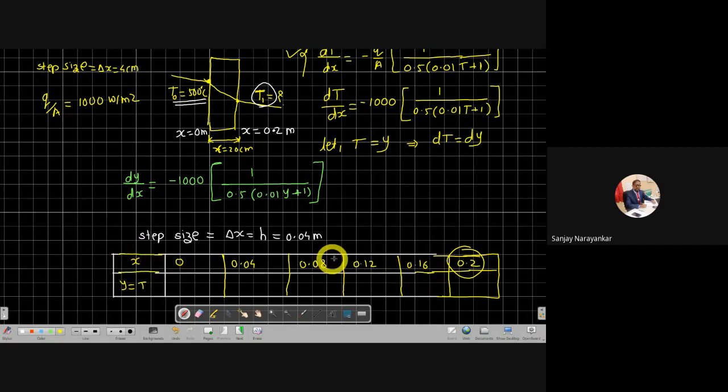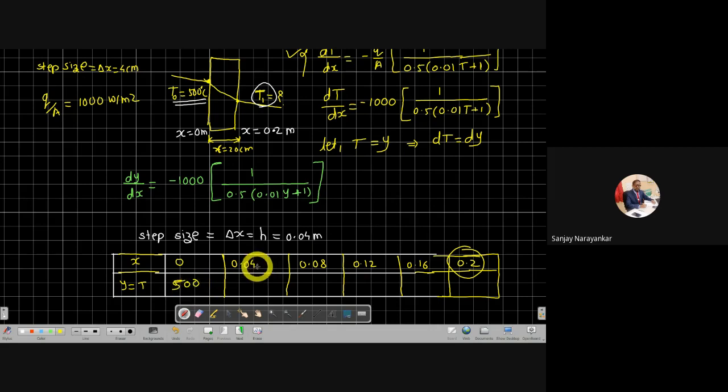Because to reduce the error, to minimize the error, because we are using a straight line. Fine. Okay, what we know is that at x equal to 0, the temperature is 500. These are the initial values. We can say that this is x0 and y0.